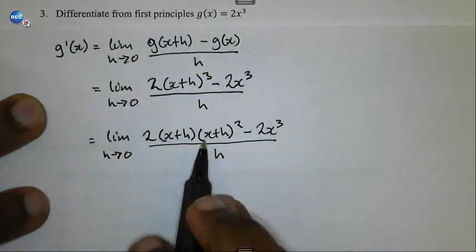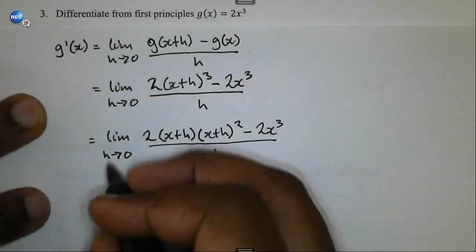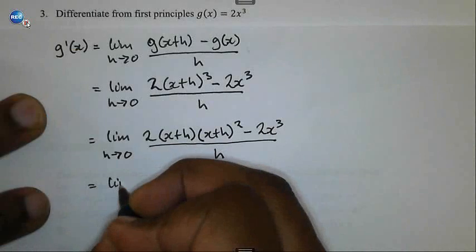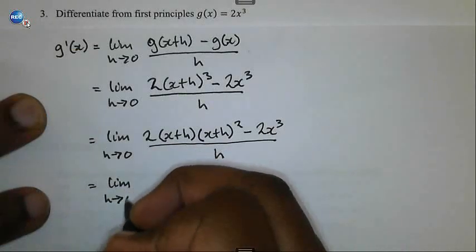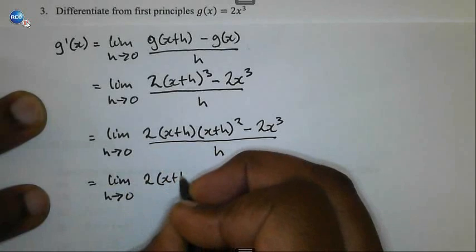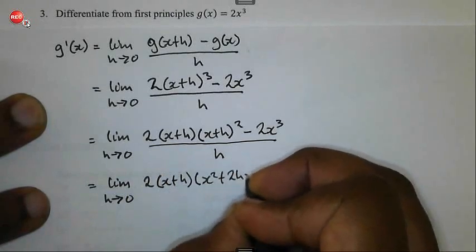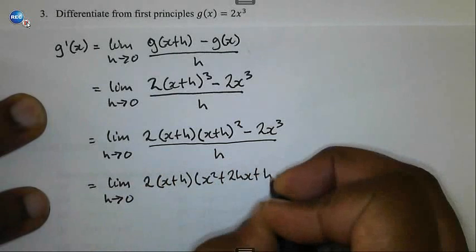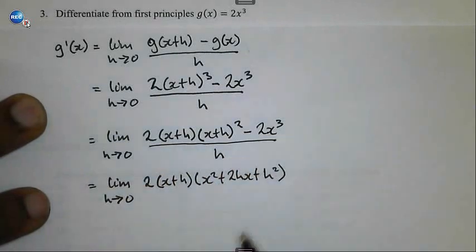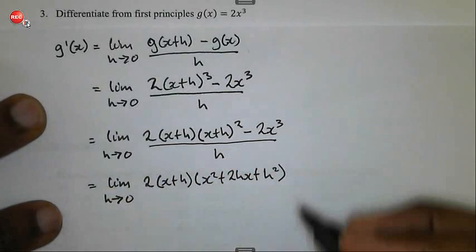I think we know what this becomes, isn't it? This becomes x squared plus 2hx plus h squared. So we're just going to substitute that: 2 by x plus h by x squared plus 2hx plus h squared, because we discovered it before. Why should we expand again when we know? So let's just use that.